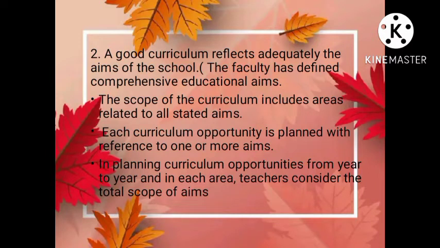Next, in planning curriculum opportunities from year to year and in each area, teachers consider the total scope of aims. Teachers should consider the total aims of the curriculum, so she can't use any materials or methodologies contrary to the school policy.